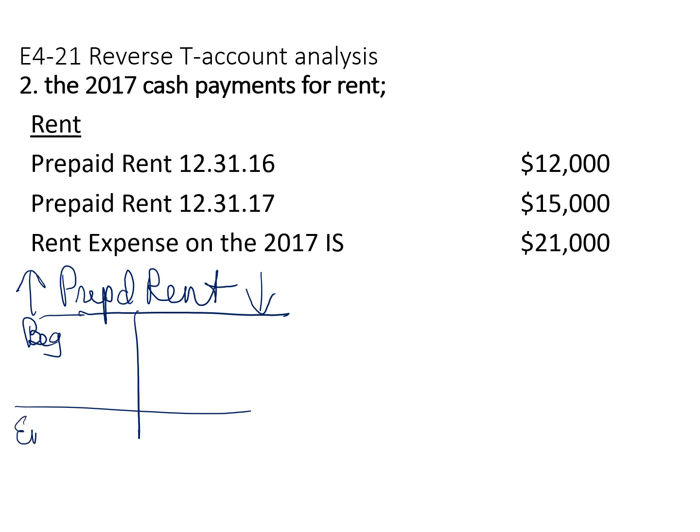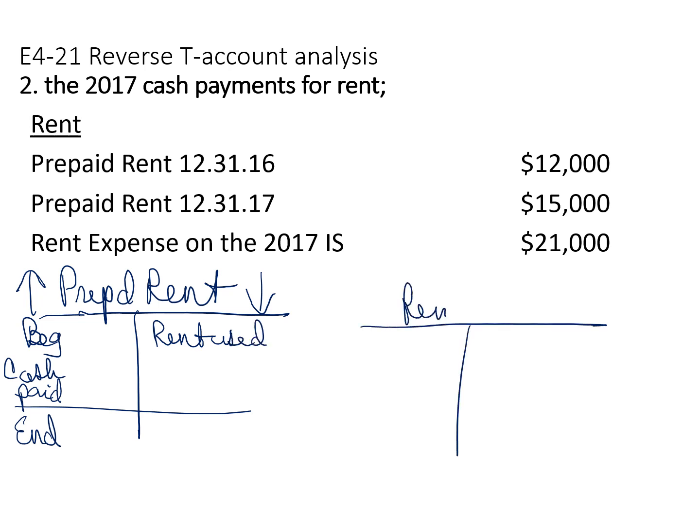It'll have an ending debit balance, and prepaid rent is increased when cash is paid and is reduced when rent is used. And when rent is used, it goes into rent expense.